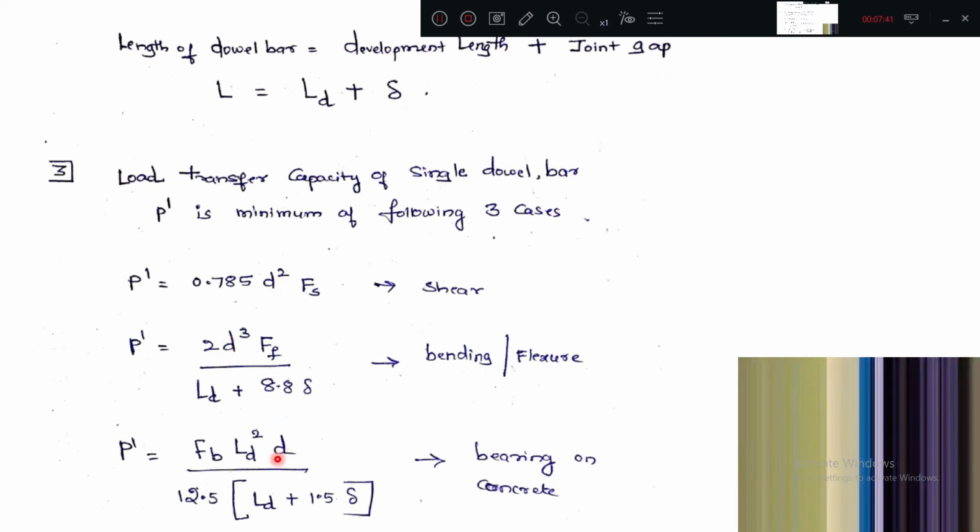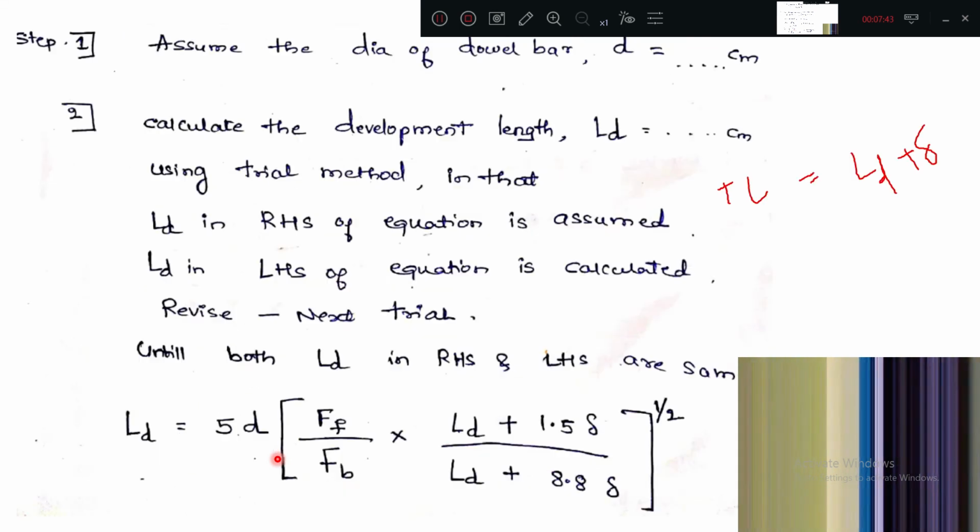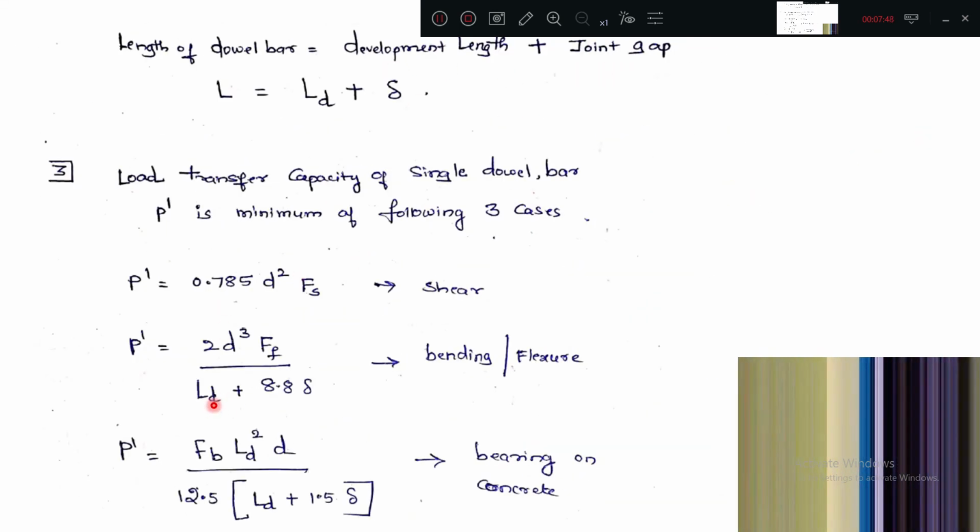It is the assumed dia in the first step. What is this LD? This is the development length from the previous step calculation. There will be some values. You should take the minimum of the three you are going to calculate. That is your load transfer capacity of a single dowel bar.